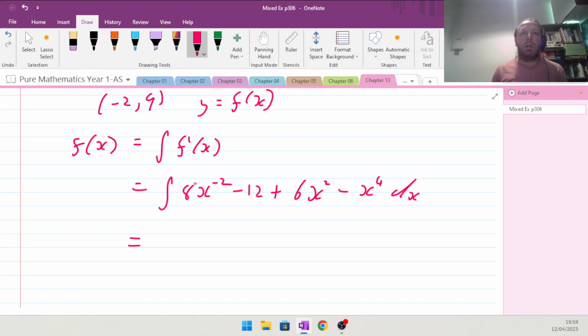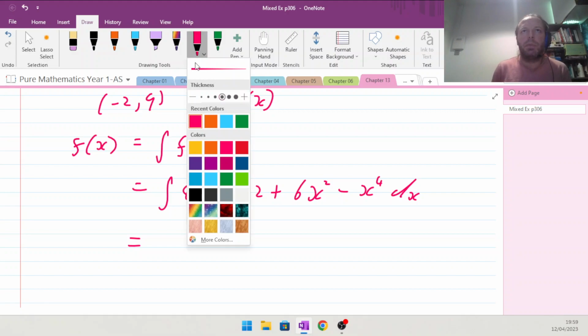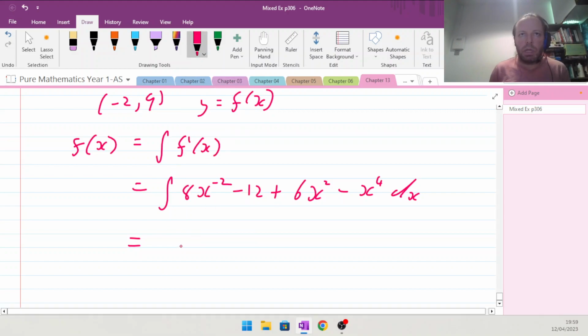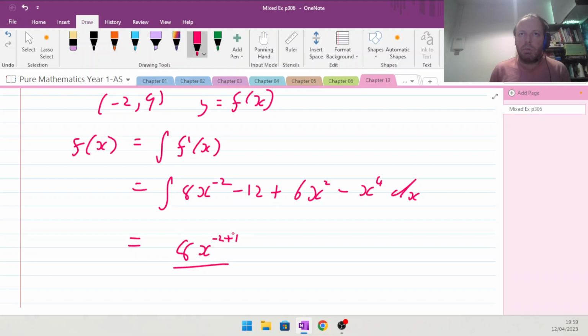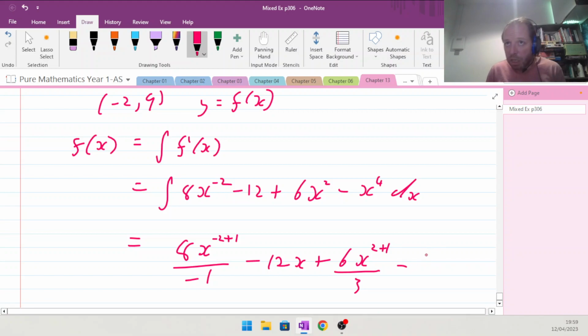Okay. So on this one, we are raising the power by 1 and dividing by the new power. So we end up with 8x to the minus 2 plus 1 over minus 1, minus 12x, plus 6x to the 2 plus 1 over 3, minus x to the 4 plus 1 over 5, plus c.